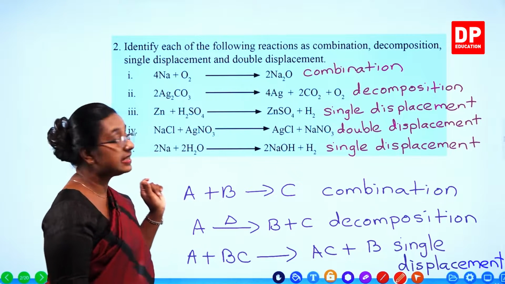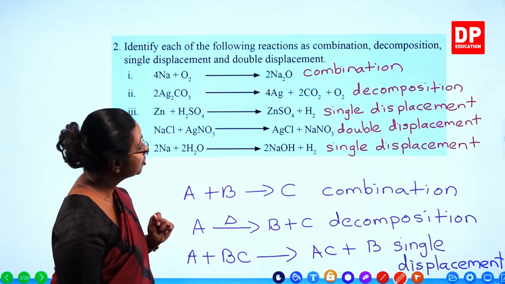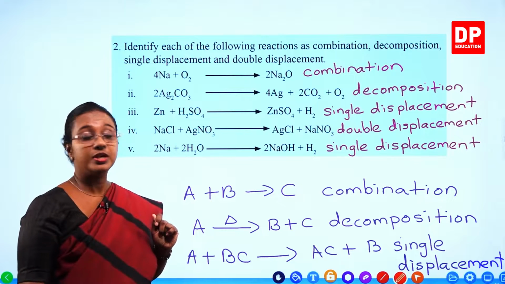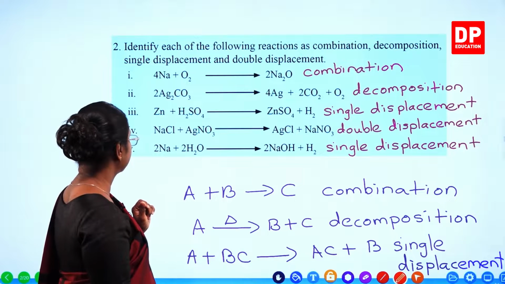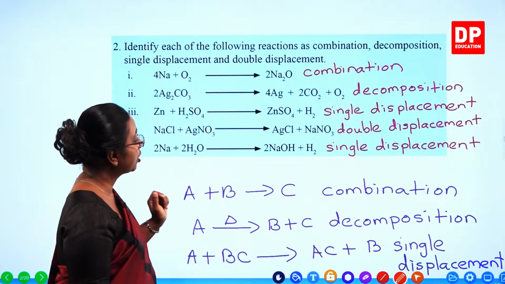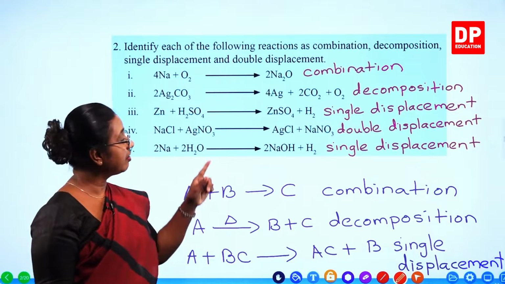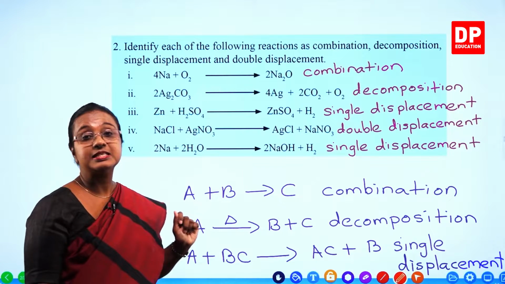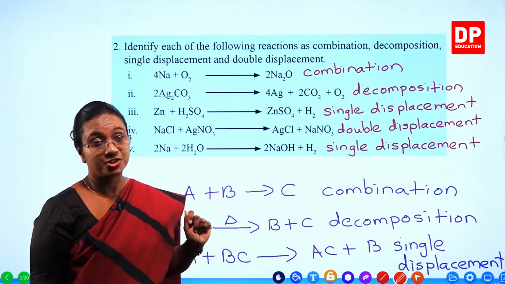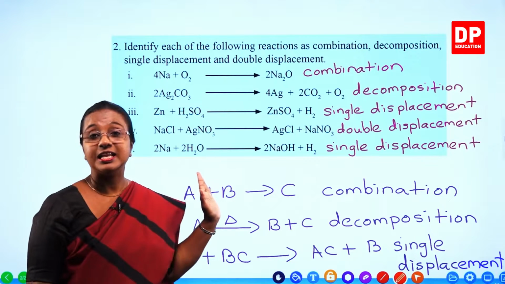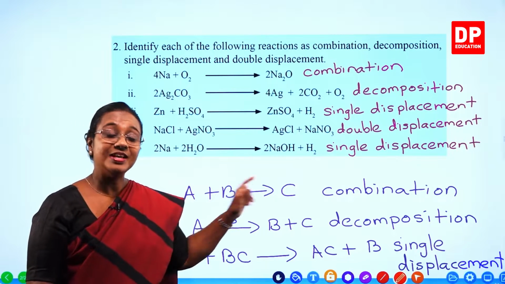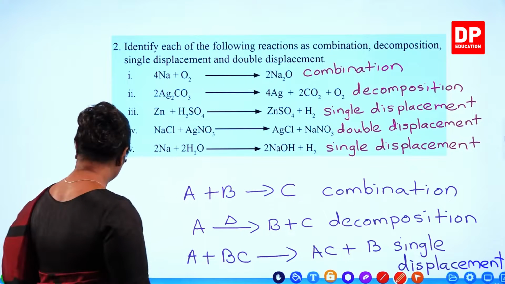Sodium chloride and silver nitrate giving rise to silver chloride and sodium nitrate, it's double displacement. Sodium and water giving rise to sodium hydroxide and hydrogen, it is a single displacement reaction. So I'm sure you all have identified this correctly. With that, we will move on to the next question.